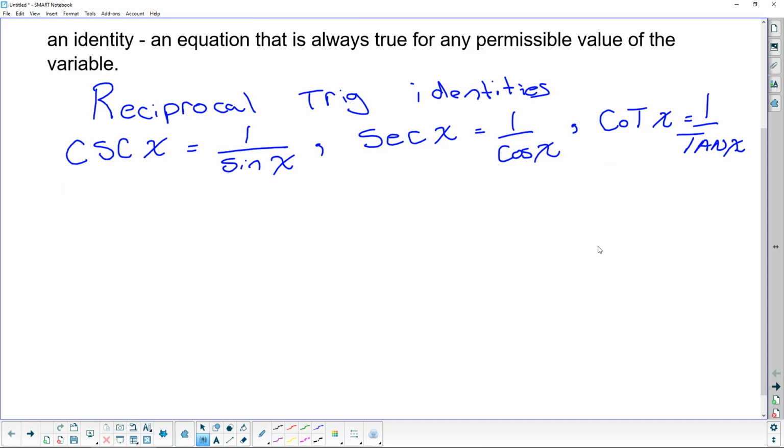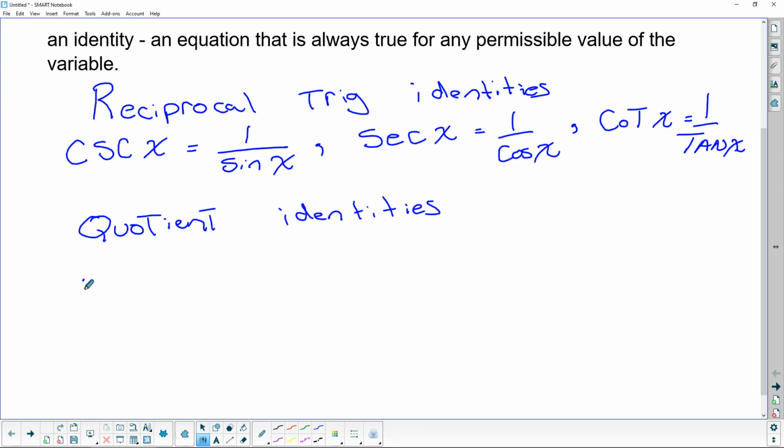Okay, then there's the quotient identity. There are two of those. Okay, quotient identities are the tangent and cotangent identities.